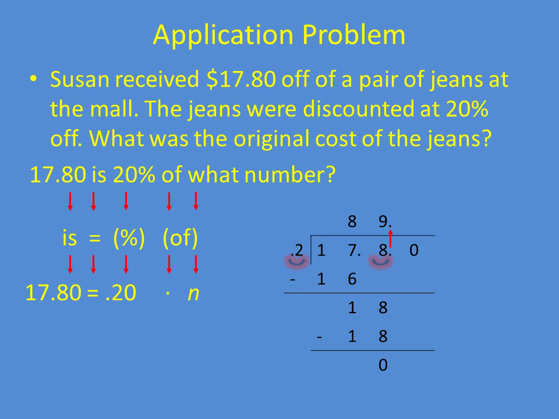In this case, 1780 divided by 2/10 is 89. So I get that my answer is 89. Going back to my problem, I wanted to find out the original cost of the jeans. So the original cost of my jeans would be $89.